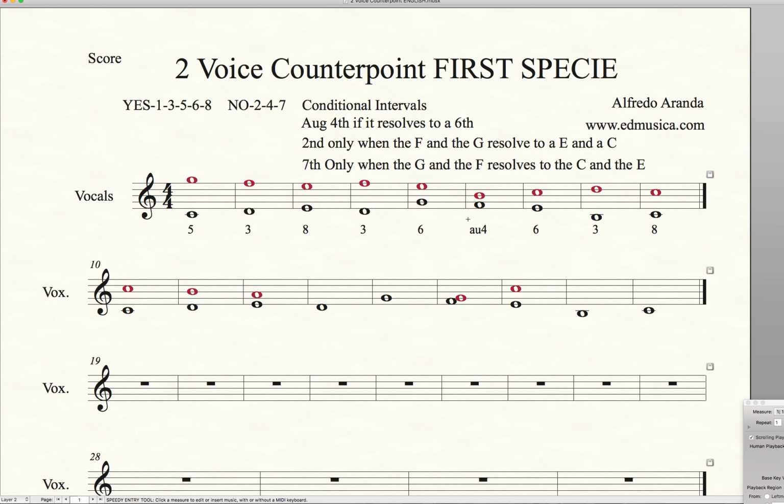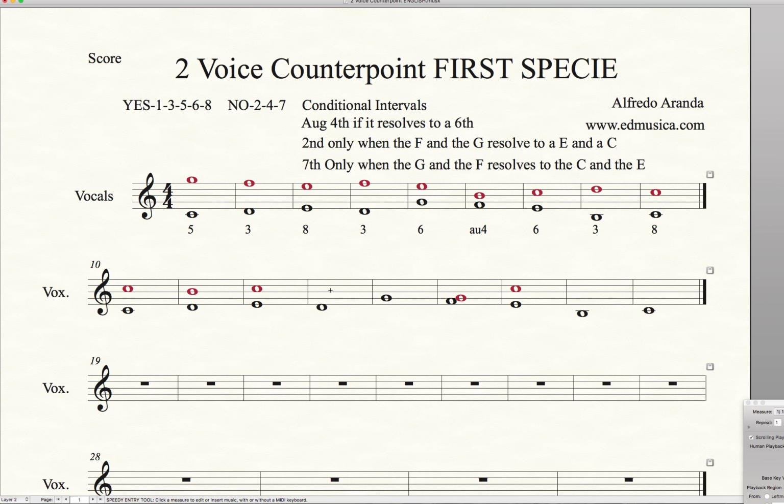The only one that we can use is the augmented fourth, and this is a perfect fourth. So we're not going to do that. We're going to go up. We're going to go in a parallel motion, like both notes are going to go up in the same gradual direction. D to E, B to C, and this makes another sixth.